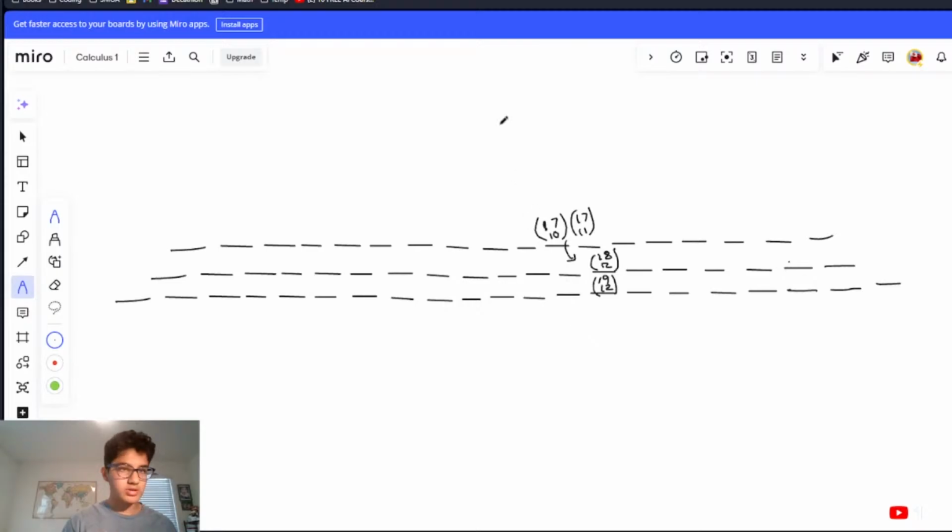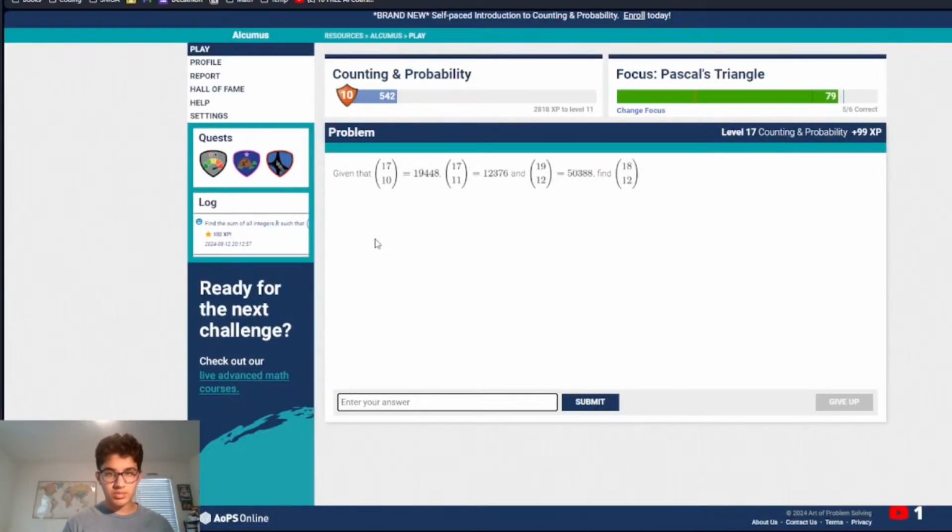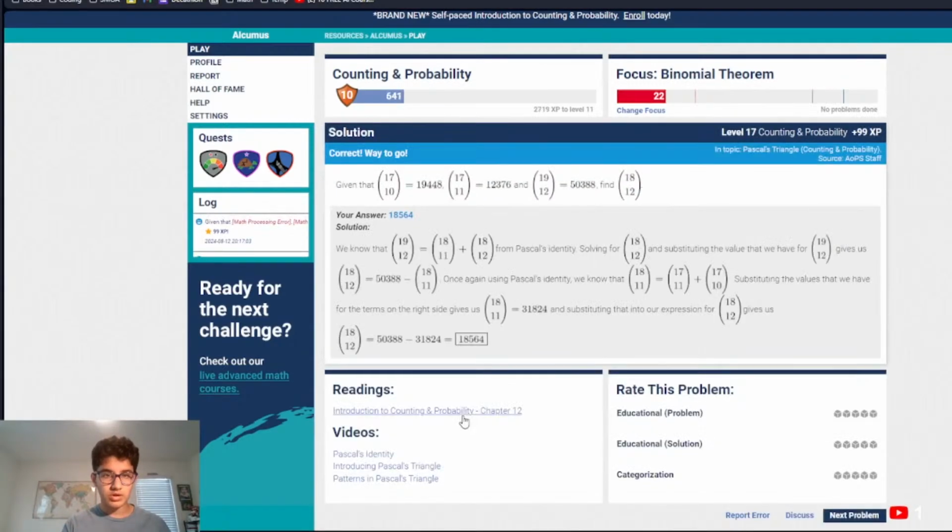I know the values, obviously, they told us that. So it'll be 50388 minus 19448 minus 12376, which is 18564. Okay, done. The answer is correct then.